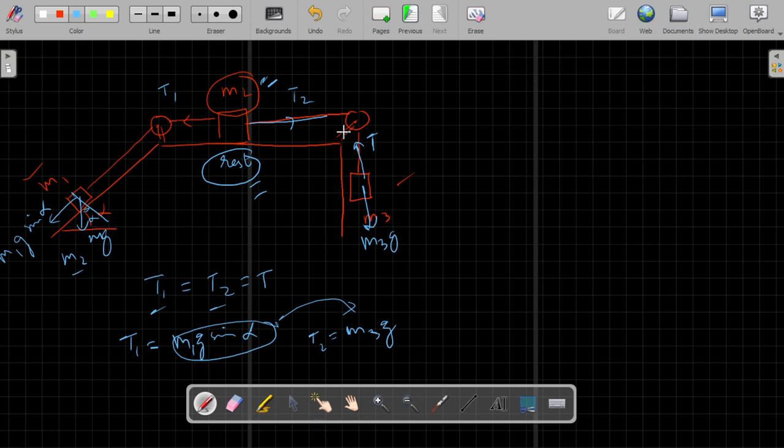We should examine this physically also: since m2g is not contributing whatsoever in moving the block to the left or the right, it won't affect the condition for the system to remain at rest. The only factors deciding whether the system would be moving or not are m1 sine alpha and m3; not even g matters, as it would also cancel out.